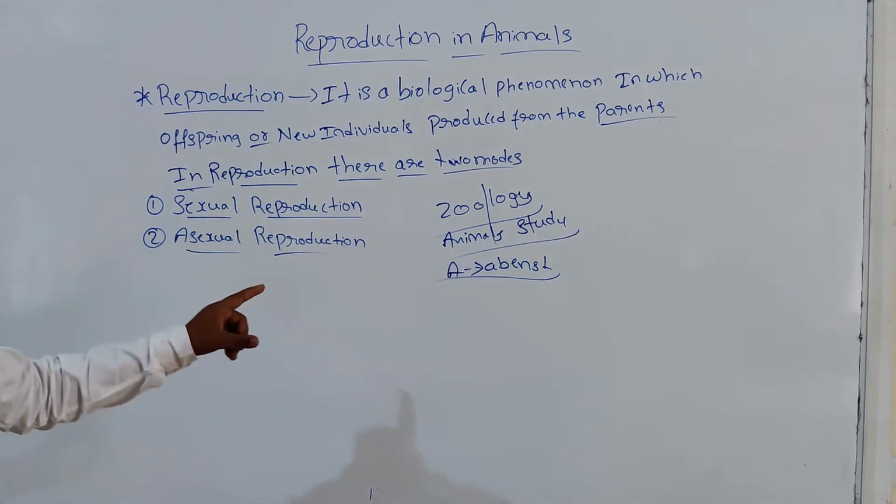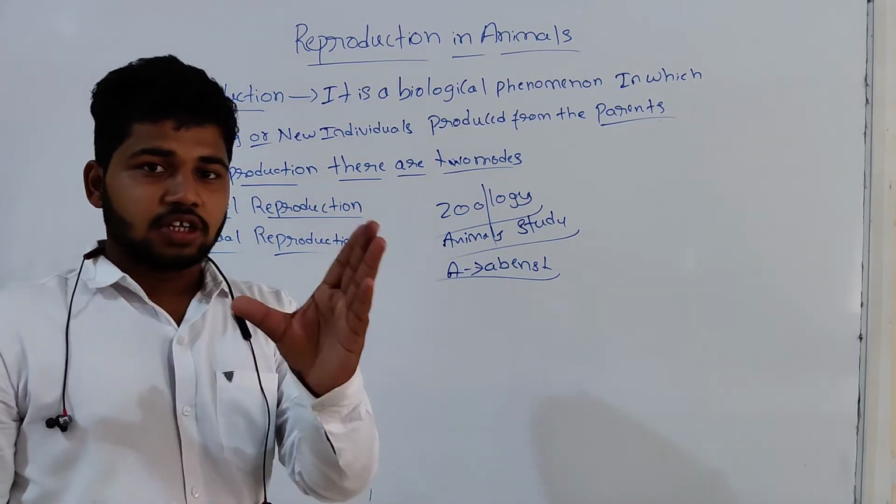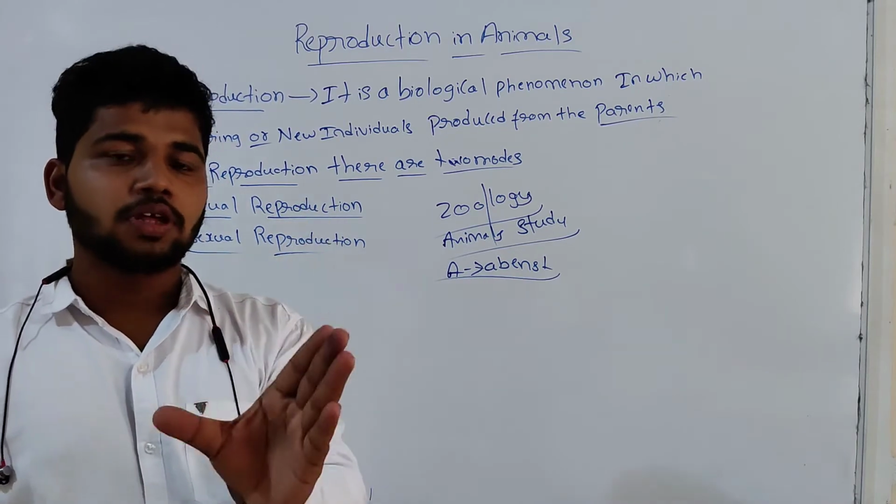The definition of sexual reproduction is: it is also one of the modes of reproduction in which the fusion of male and female gametes is called sexual reproduction. What is the definition of sexual reproduction?